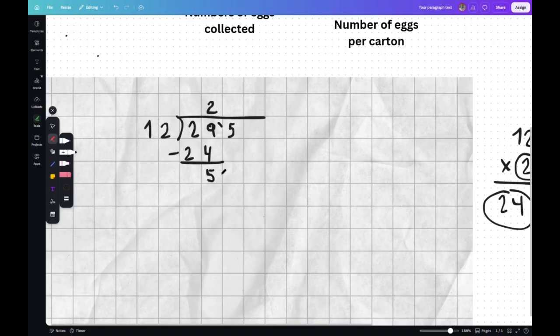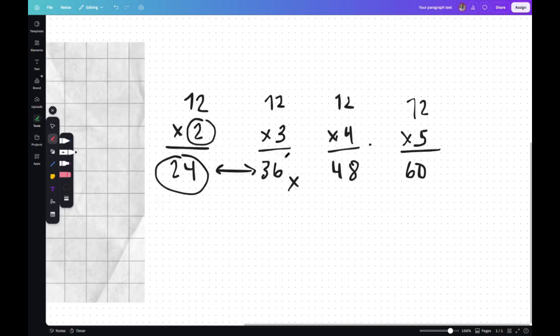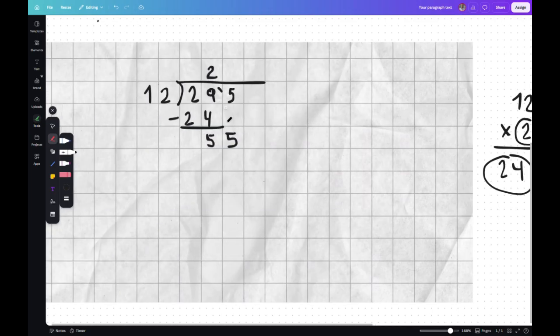Next step, we bring down the 5. We bring it down, and now it's going to be 55. Now I need to check again my multiplications, and I can see that's going to be good with 4. So I take 4 and I put it above the 5 here, and I subtract 48.